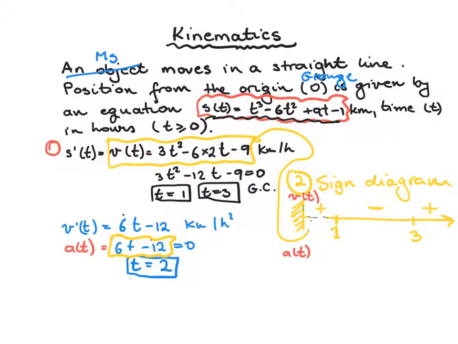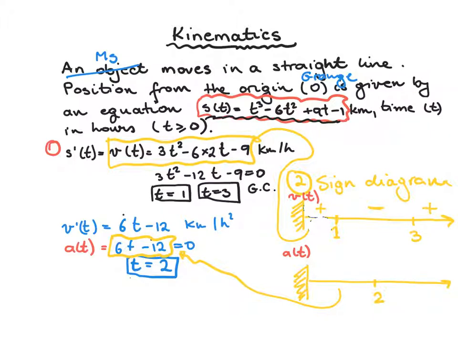Similar, let's be consistent with colors. Again, not interested in the t less than 0 line. So t is equal to 2, somewhere here in the middle. Now we're looking, is it positive or negative? Before 2, you choose a number between 0 and 2 and substitute it into your acceleration function, which is here.